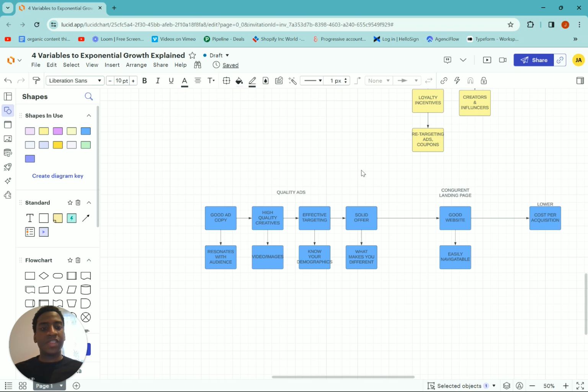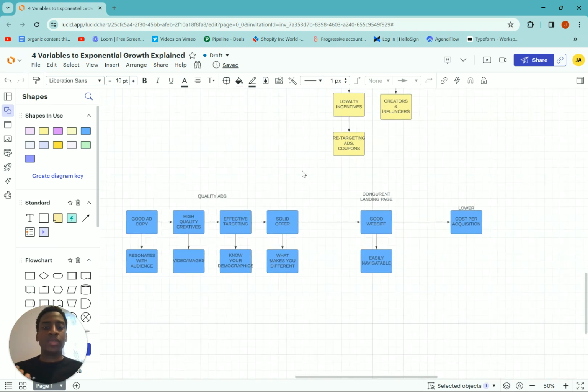Okay? Then at this point, you want to have a congruent landing page. So what I mean by that is, whether you have a website, whether you have a landing page, right? Or whether it's an email list, whatever it is, you need the end of the funnel to be as congruent or in line with the top of the funnel, which is the ads.